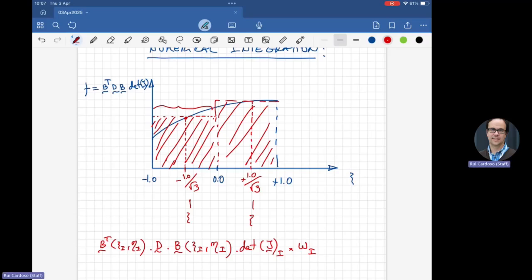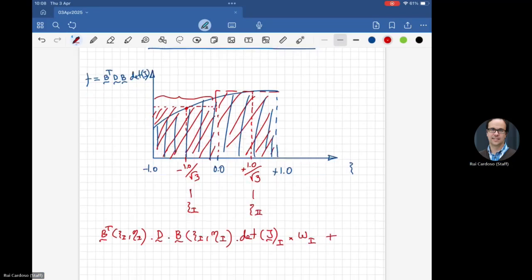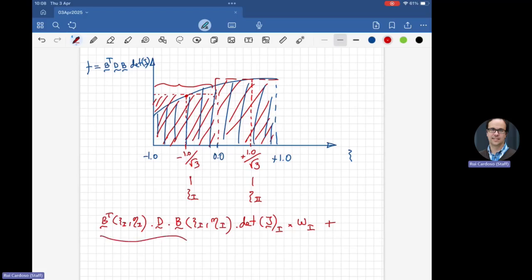So don't forget, the integral is the area below the curve. So when we do the analytical integral, we are looking for the area below the curve in blue. In the numerical approach, this is my C point 1, this is my point 2.